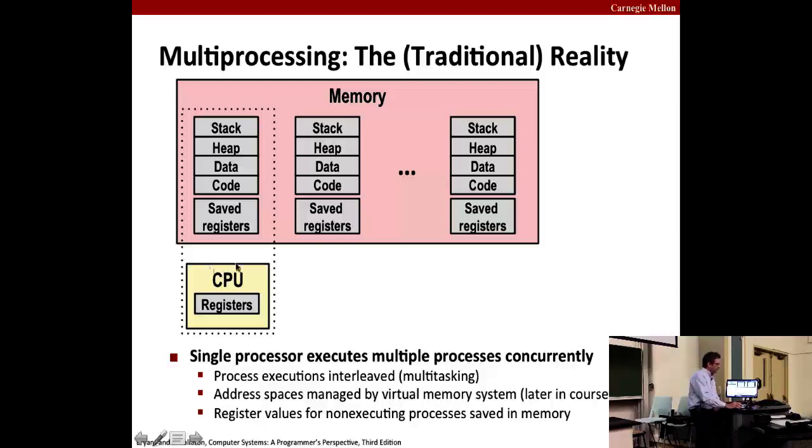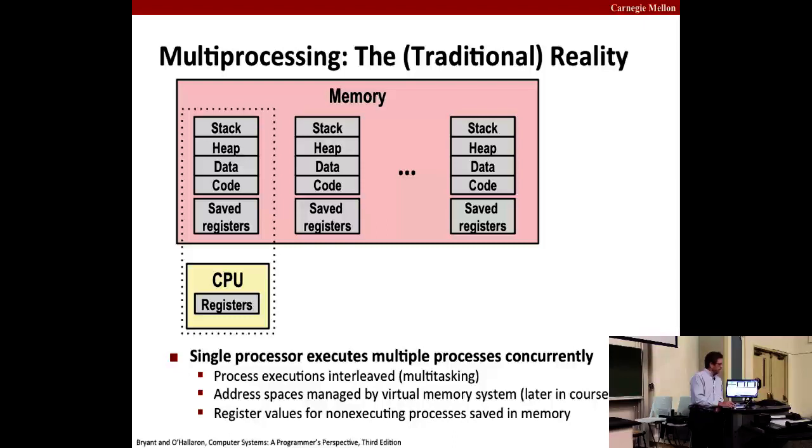We have a process that's running, and it has its own address space and its own registers. At some point an exception occurs, either because of a timer interrupt, a fault of some kind, or a trap. The operating system gets control of the system, and in this case, let's say it decides that it wants to run another process.